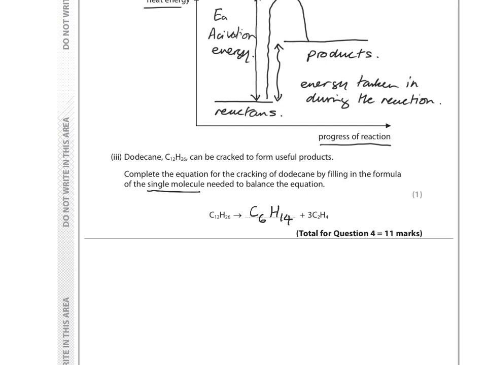Now that is the formula of a short chain alkane, and just to check, I've gone from a long chain alkane to a short chain alkane and an alkene, so that fits in because this is C6, CnH2n+2, and that works for that.